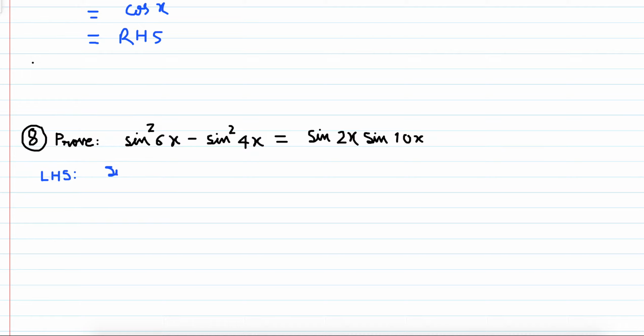So we will write it as sine 6x plus sine 4x multiplied by sine 6x minus sine 4x.